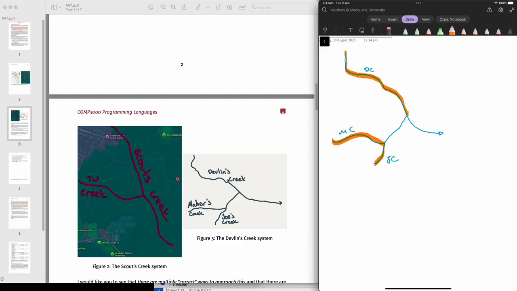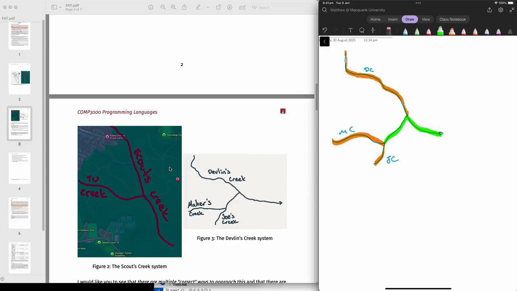So those are 3 simple river systems where some water is flowing in based on the rainfall. And then on top of that, I've got these parts of the system, the first one's part of Joe's Creek, that second one's part of Devlin's Creek, but they've got rivers flowing into them as well as their own additional bit coming in.